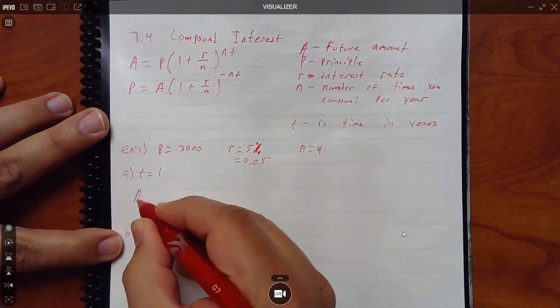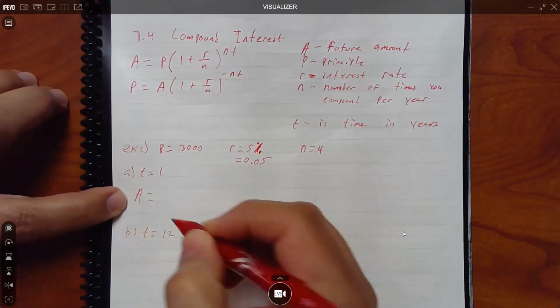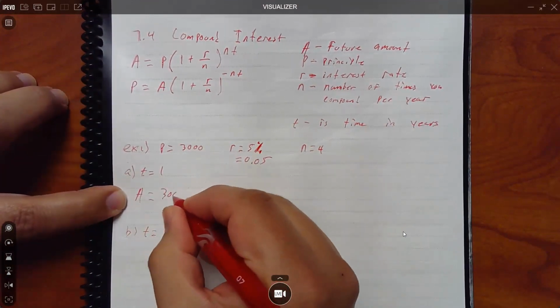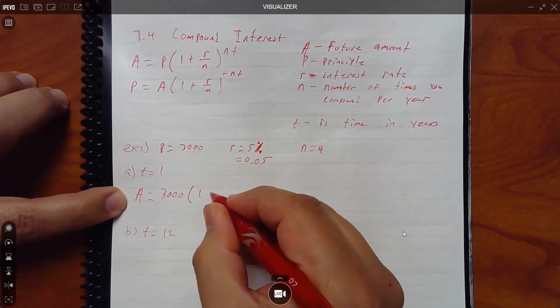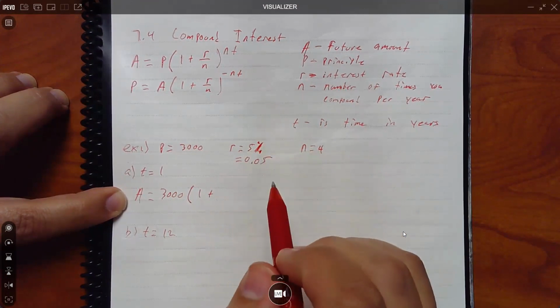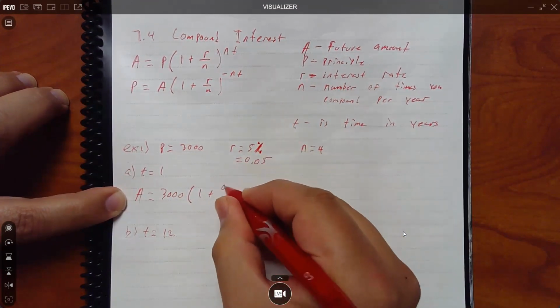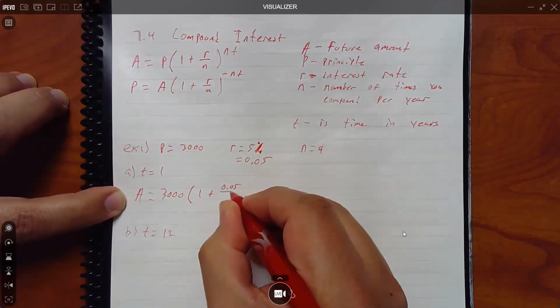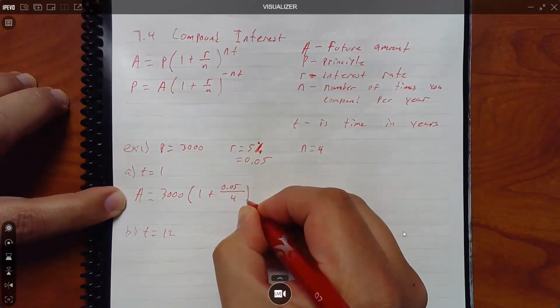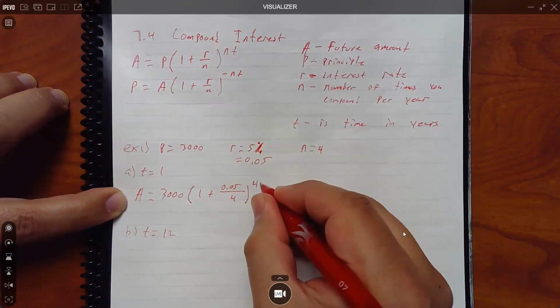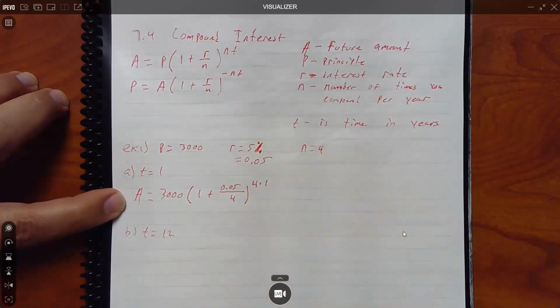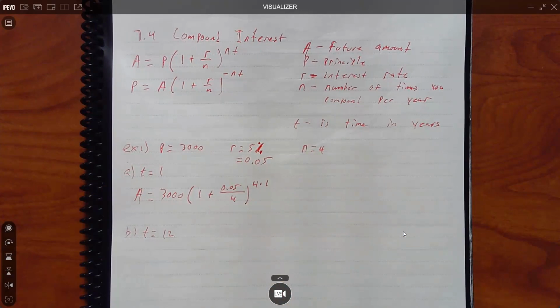So she has in the account A, future amount, 3,000 times 1 plus R over N. So that would be 0.05 over 4 to the NT, that'll be 4 times 1. So just punch that into your machine. At this point, you have to have a calculator.